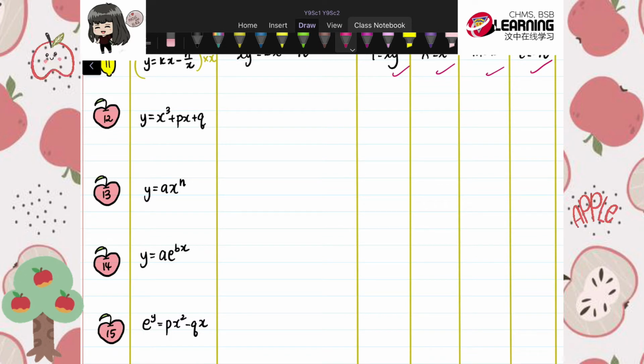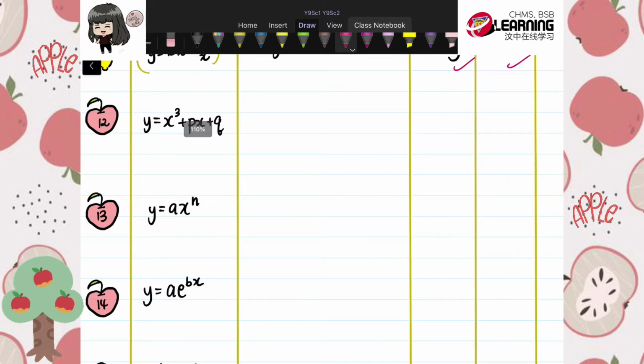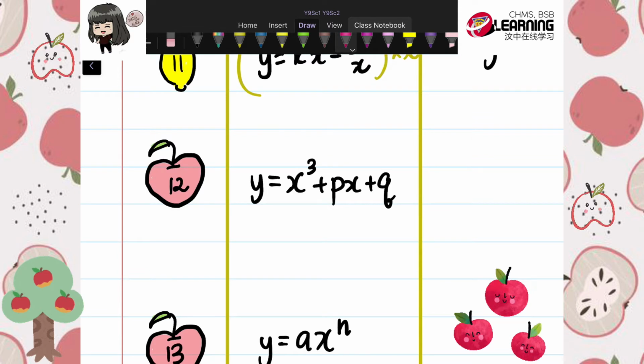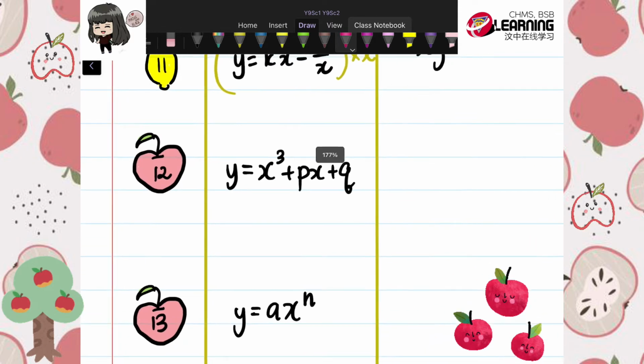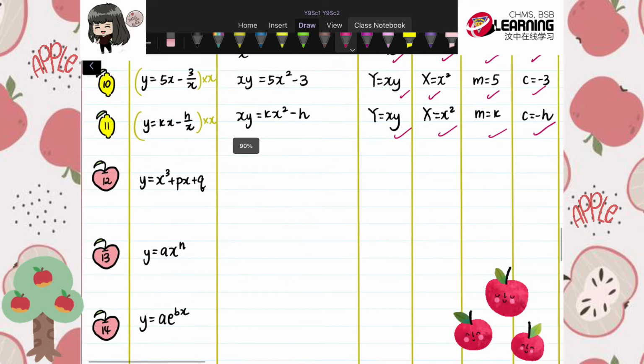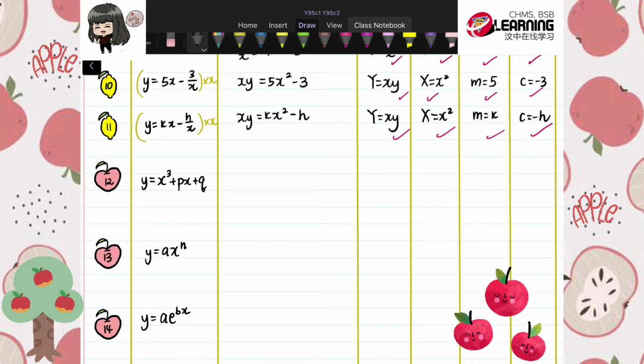I give you a few seconds to think of how this one works, how you want to change this to y equals mx plus c. If you want to think more, you can pause the video and try it out on your own. This one is actually quite easy, but it's something different from the previous 11 questions. Maybe you've never seen this before.